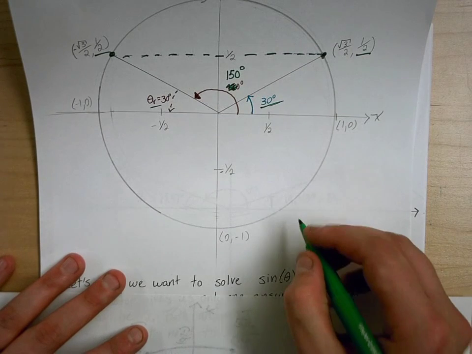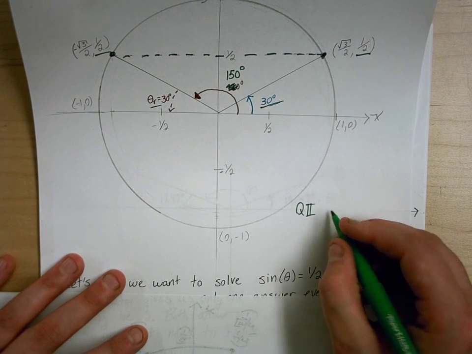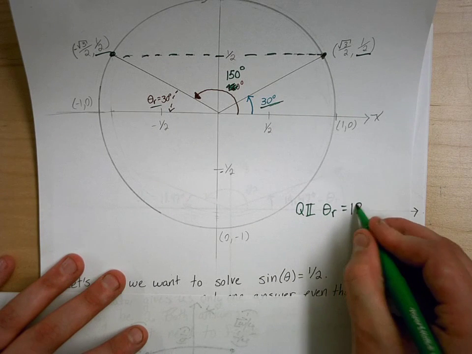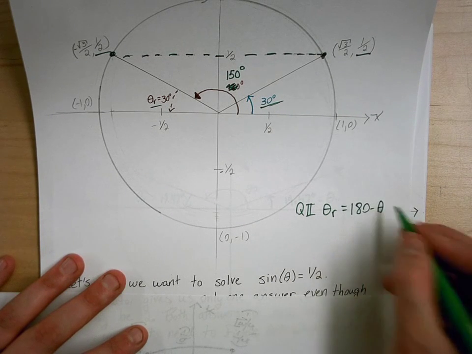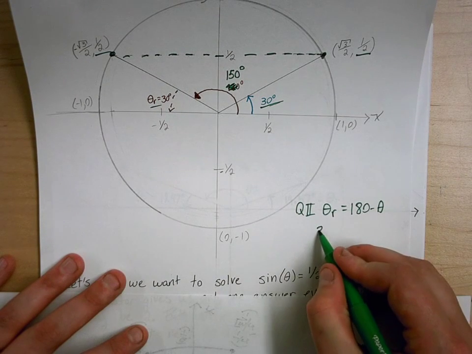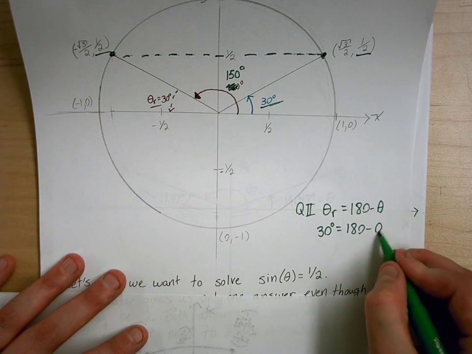Okay, so what we're going to do is that since it's in quadrant 2, we know that our reference angle equals 180 minus the angle that we want. And since we know our reference angle is 30, we're going to do 30 degrees equals 180 minus theta.